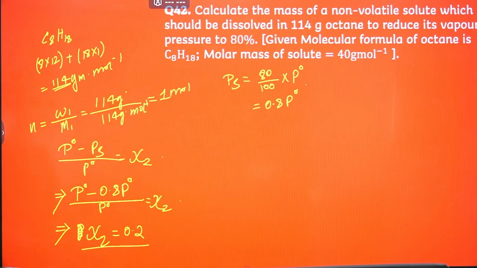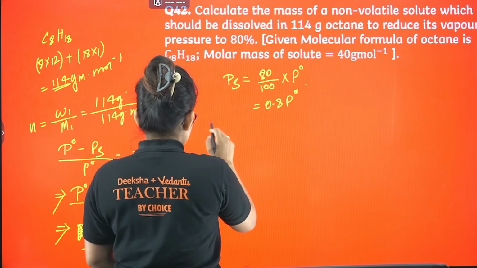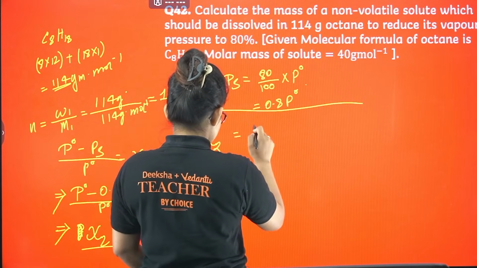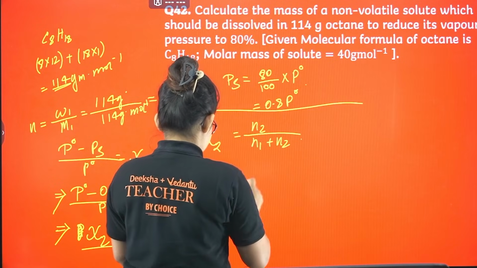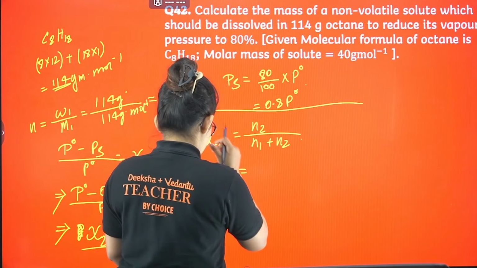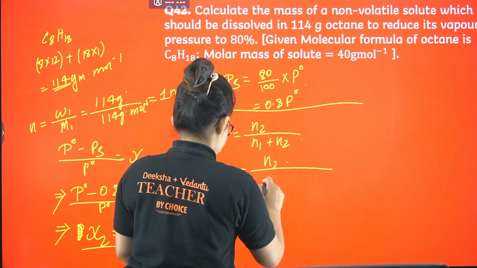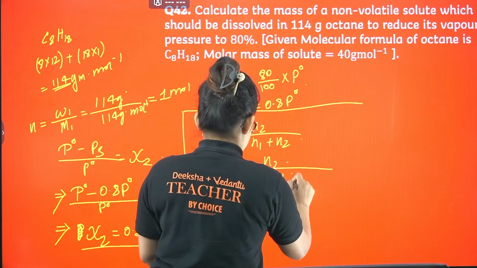I guess up to this step it is clear to you. Okay, now we can calculate the number of moles. How? Because mole fraction X2 is going to be N2 divided by N1 plus N2, right? X2 we know is 0.2 and N2 we have to find out. N1 is 1 mole, plus N2.